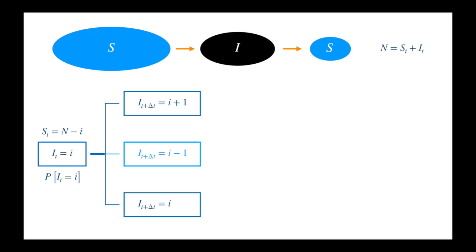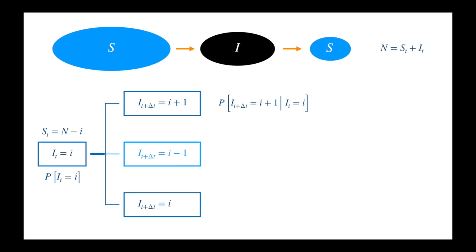Now we consider the probability of I increasing by 1 during a small time interval of length delta t, conditional on the number of infectives at time t. We know this happens when an infective comes into contact with a susceptible and infects the susceptible.